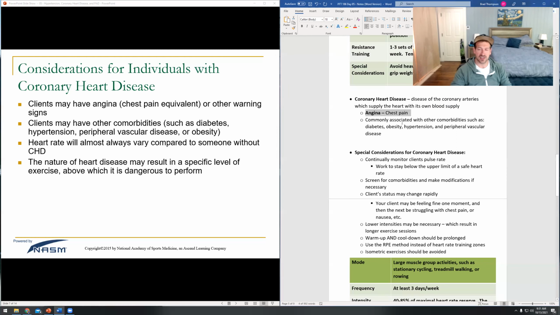So angina is another name for chest pain, and coronary heart disease is commonly associated with all of these other diseases, right? Diabetes, sugar in the blood, making it hard to deliver oxygen. Obesity, excessive abdominal fat in particular, affecting physiologic symptoms and heart blood flow. Hypertension, which is preventing blood from being delivered where it needs to go.